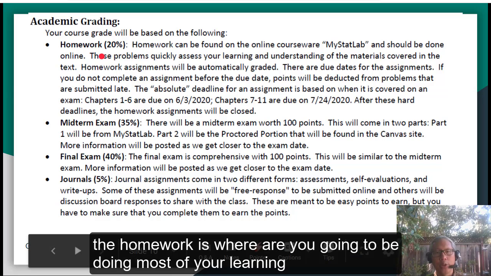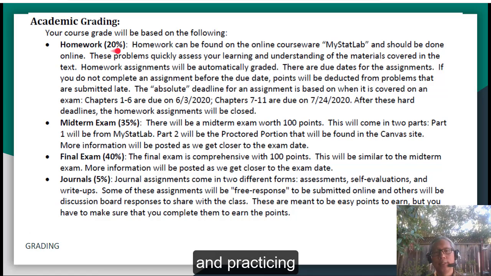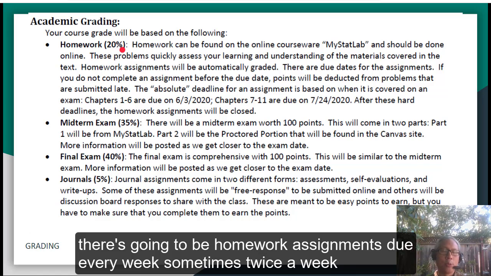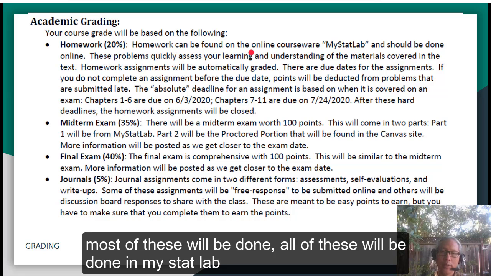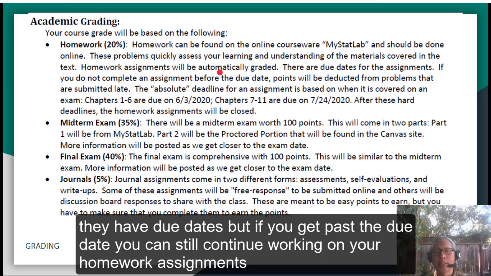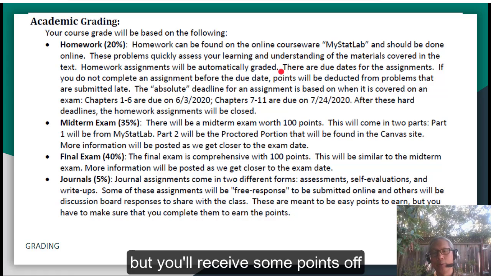The homework is where you're going to be doing most of your learning and practicing. There are going to be homework assignments due every week, sometimes twice a week, so we want to make sure you keep up on these assignments. All of these will be done in MyStatLab. They have due dates, but if you get past the due date, you can still continue working on your homework assignments, but you will receive some points off.